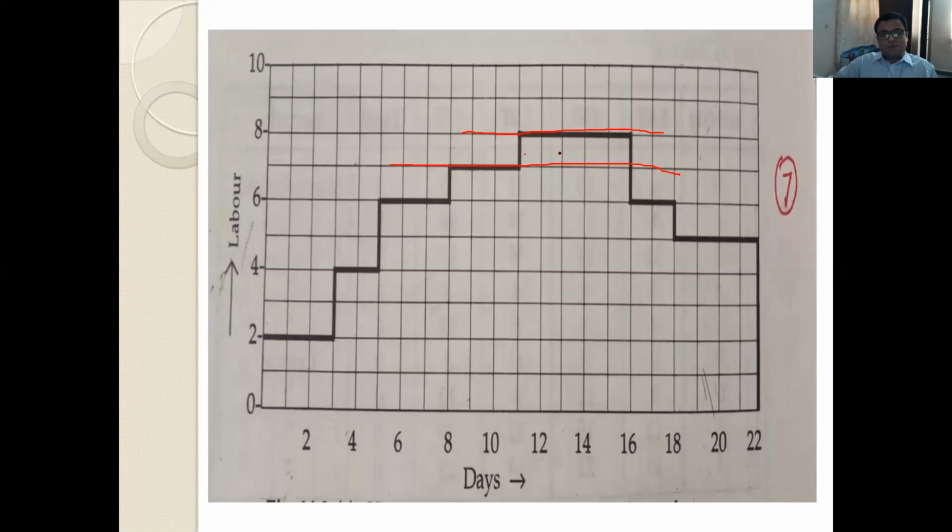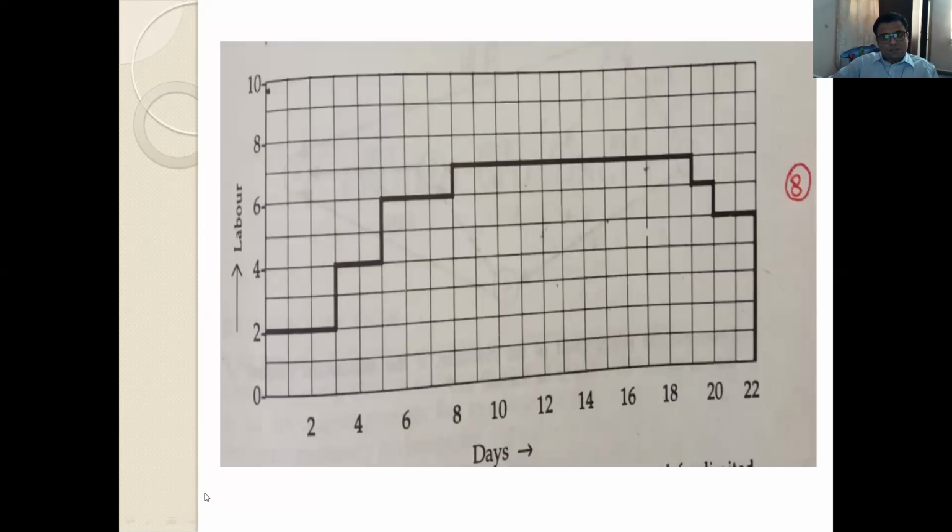Sorry, it is for these 5 days that the resource requirement is above the available resources. So further leveling is also required.